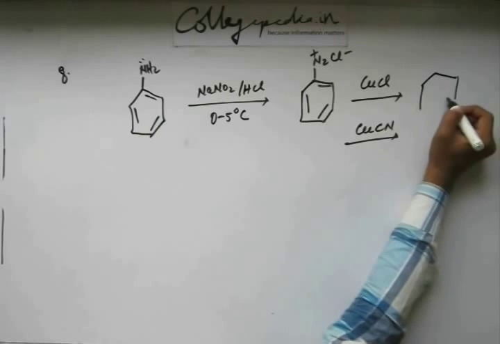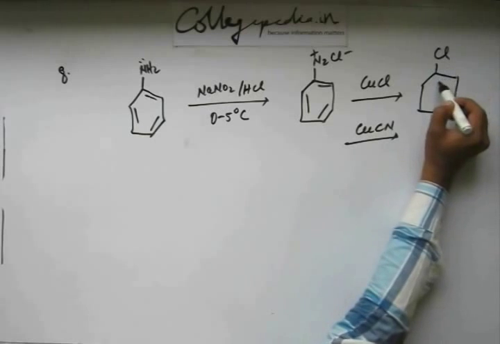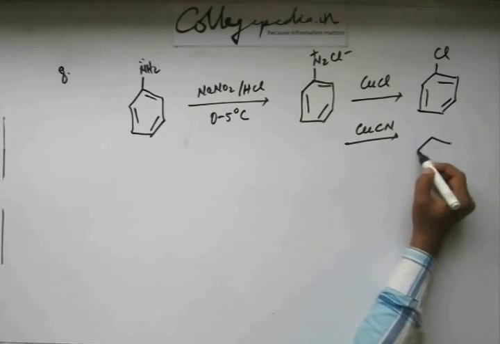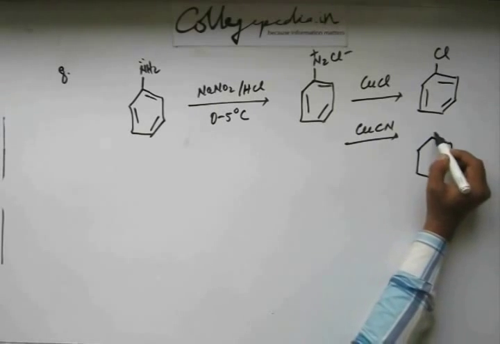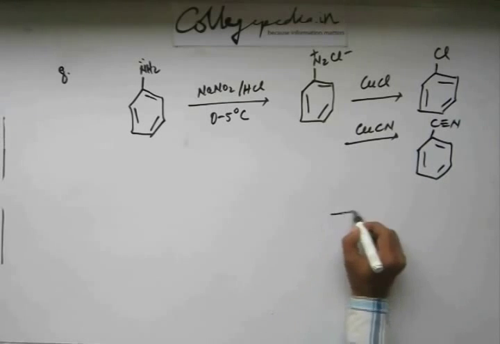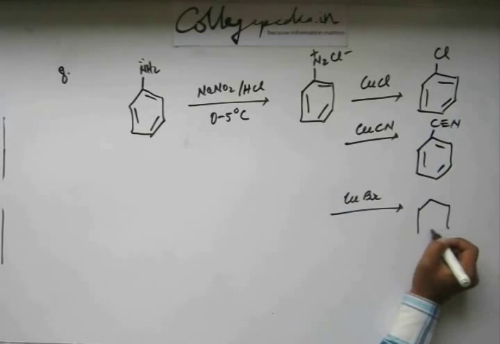So if you have added cuprous chloride, then this is going to become chlorobenzene. If you have added cuprous cyanide, this is going to become cyanobenzene. If you have added cuprous bromide, this is going to become bromobenzene.